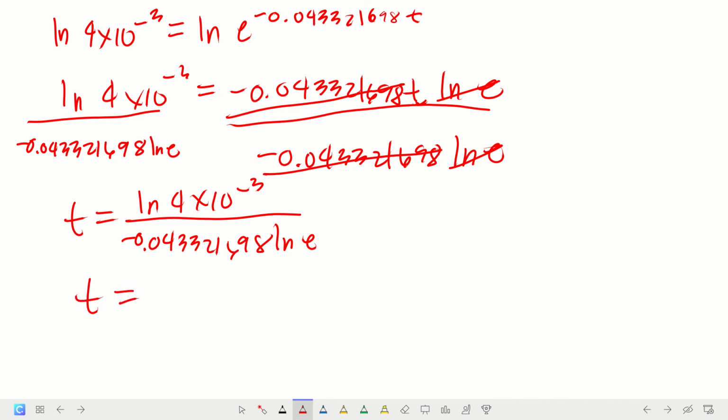Then you'll find that the time will be equal to 127.45, or approximately 127.